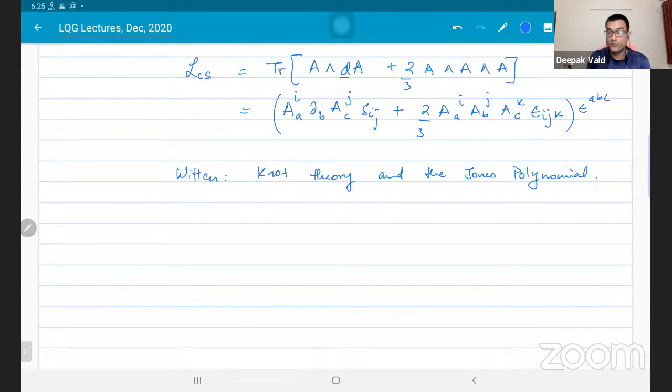What he showed was that if you look at the partition function of this Chern-Simons theory and evaluate it on an arbitrary knotted configuration, a knotted world line of a particle, in a 2 plus 1 dimensional theory, the result is the same as a knot invariant called the Jones polynomial. This was important because it showed that there is a close relationship between knot theory and gauge theories.